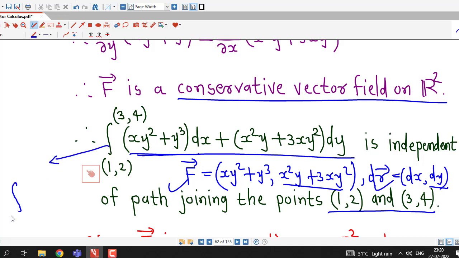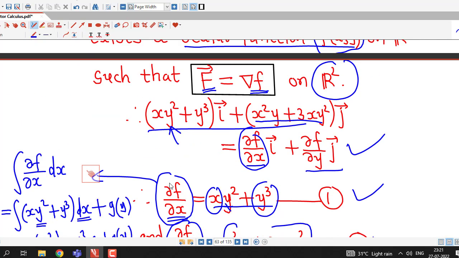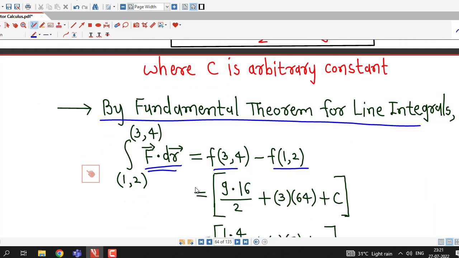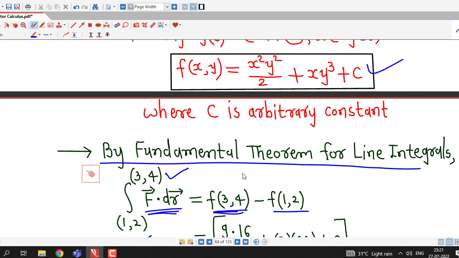So we can rewrite this as the integral from 1, 2 to 3, 4. This differential form is nothing but the dot product of the vector field f bar and dr bar. So we have written it in that form here. By the fundamental theorem of line integrals, this line integral is equal to the value of the potential function at 3, 4 minus the value of the potential function at 1, 2, and we have this potential function now.